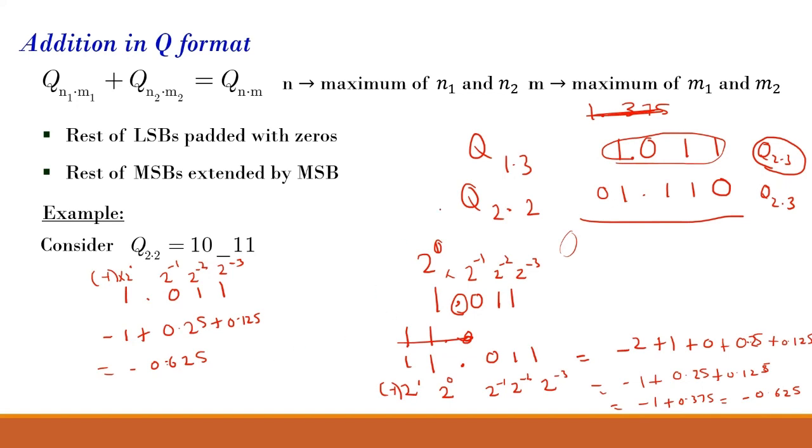So what we are doing is, we can't change from 1 bit to 2 bits, and from 2 bits to 3 bits? No, we're just adding those things. We're just appending those bits.